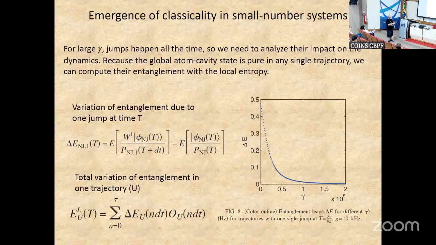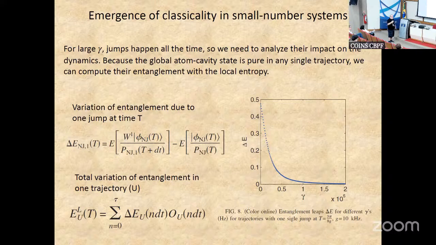And you see that the change of entanglement between atom and cavity field because of a jump goes to 0 as gamma gets larger. And here is the calculation of the full variation of entanglement due to one trajectory. This function tells me if there is a jump, I assign 1. If there's no jump, I assign 0. So this is the full variation of entanglement due to jumps in one trajectory. Okay?